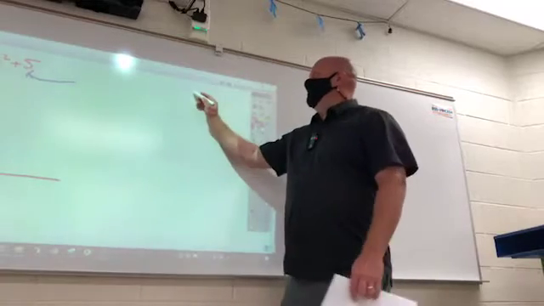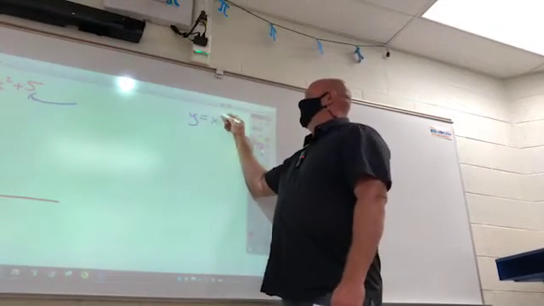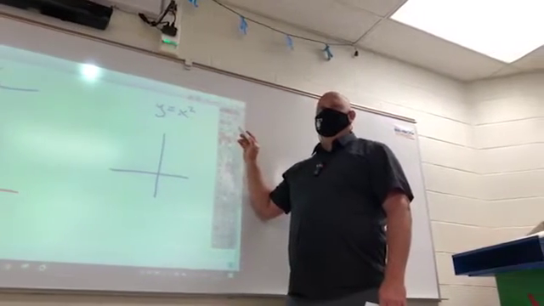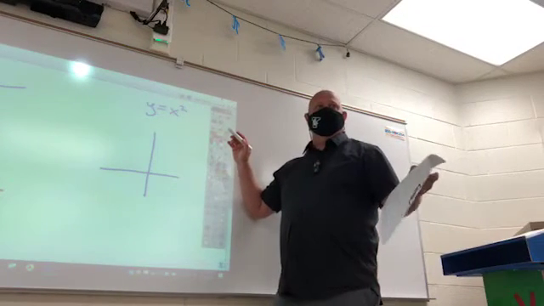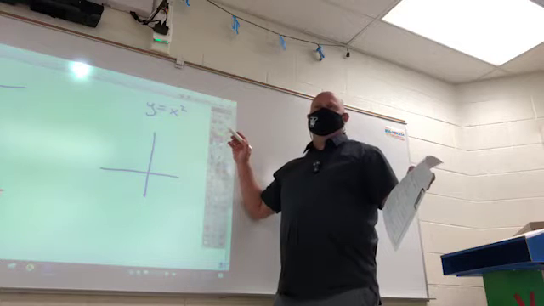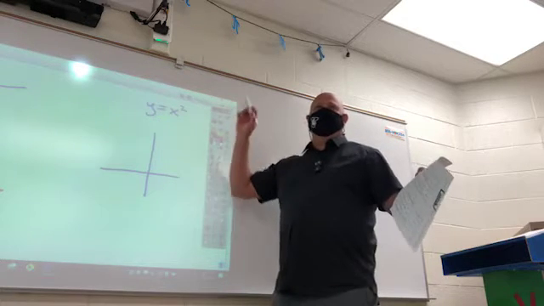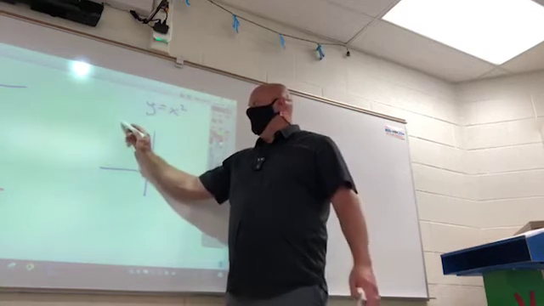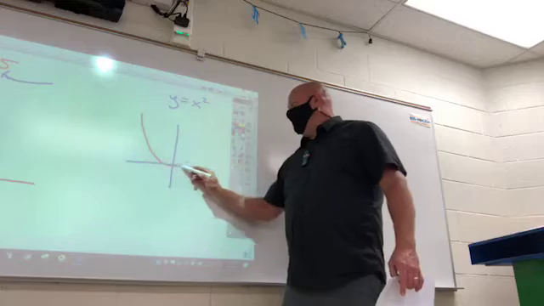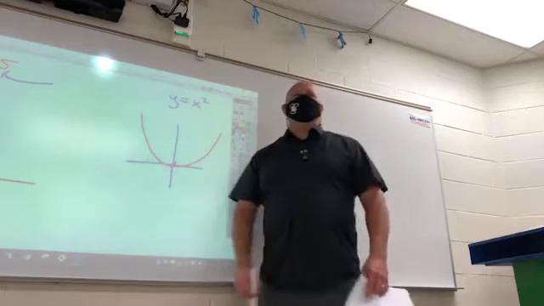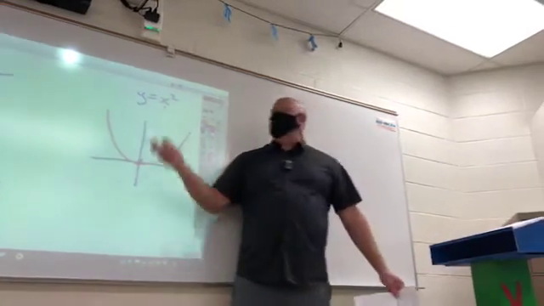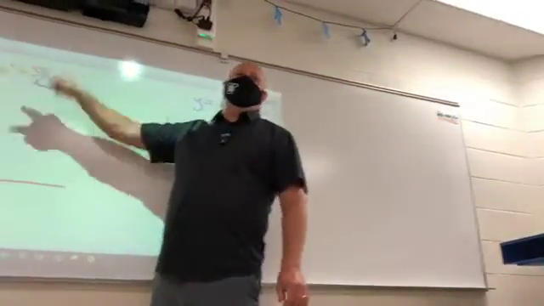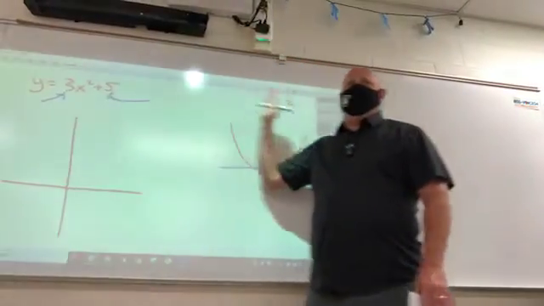Do you remember what the graph of just y equals x squared looks like? What kind of shape is x squared? It starts with a P. It's a parabola. That is your standard parabola, with vertex at 0, 0. All x squared graphs are going to be a parabola, just like this.